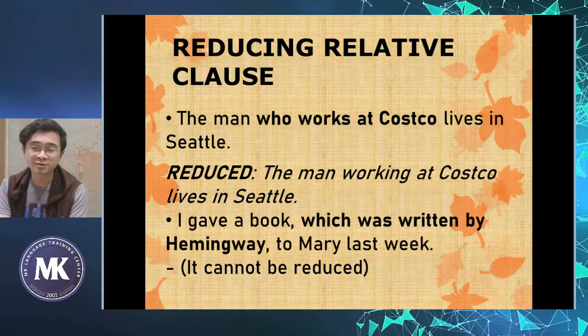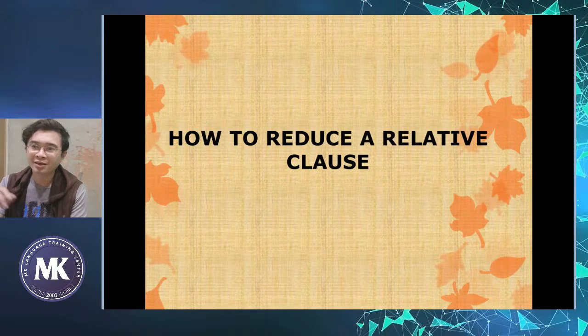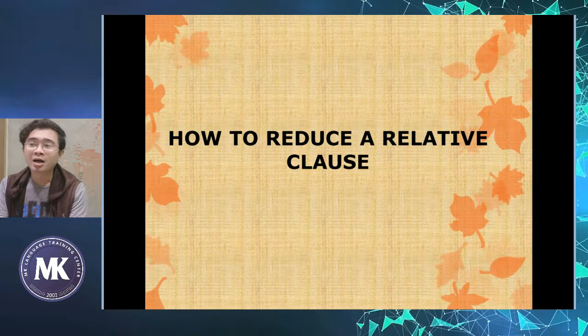But if it's describing the object, then maybe need to have a second thought if you want to reduce it or not. Okay. Now here, how to properly reduce a relative clause. So there are many ways on how to reduce them in one sentence. So it depends upon the pattern, it depends upon the part of speech that you can find inside the clause, and we will try to find more here.